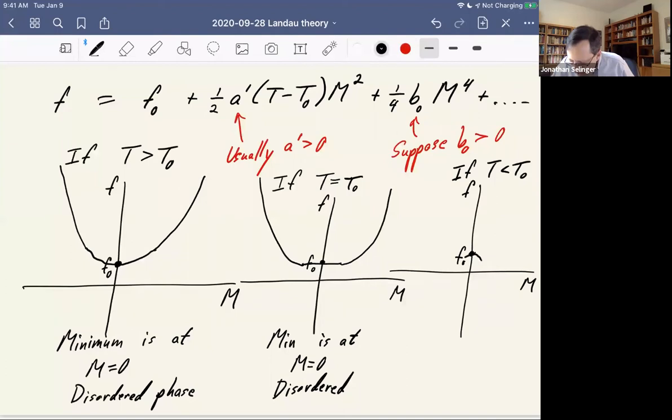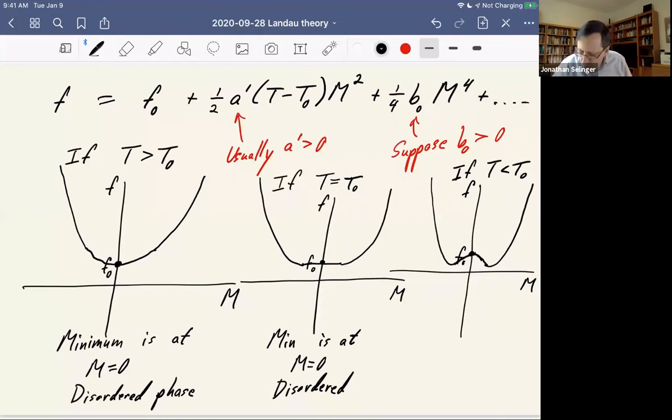It goes down, right? It's a parabola upside down, close to m equals 0. And then when we get to larger m, the quartic term becomes more important, and that's positive, so it makes F turn around like this.